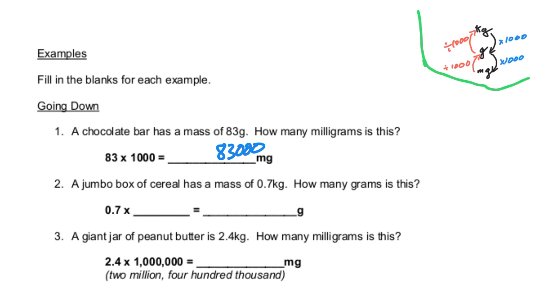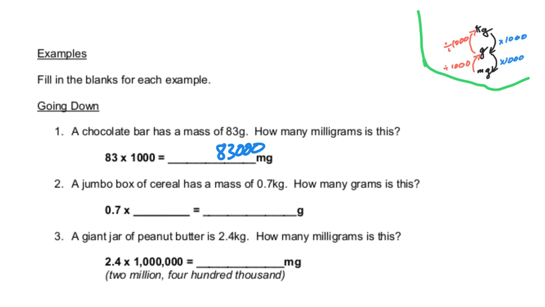Now, let's discuss how we convert a jumbo box of cereal, which has a mass of 0.7 kilograms, and we need to know how many grams that is. So let us use our handy dandy tool in the top corner here. You'll notice that we're going from kilograms down to grams, so we have to take whatever that is and multiply by 1,000.